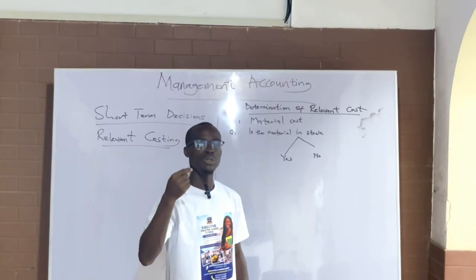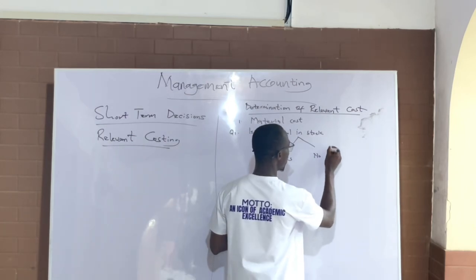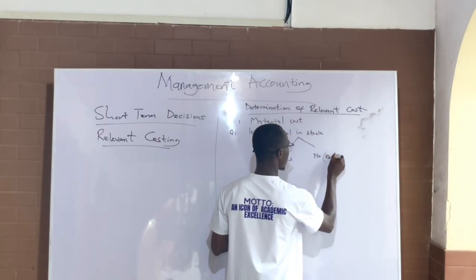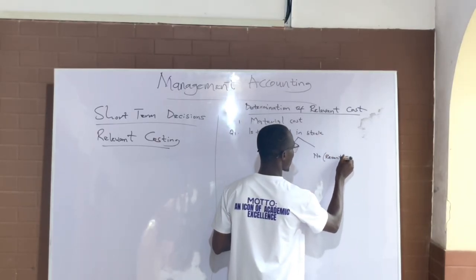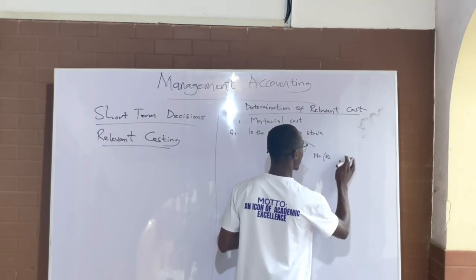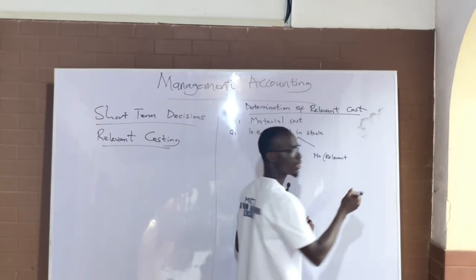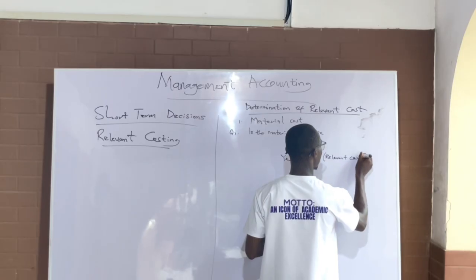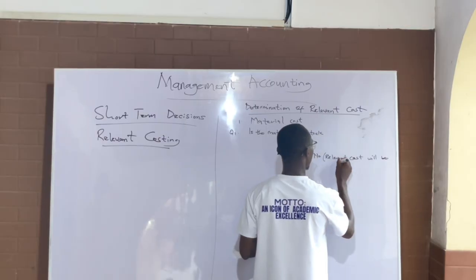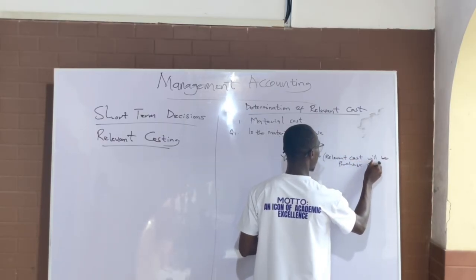So the relevant cost will be the purchase price or the buying price of that material. So when you say no, the relevant cost will be the purchase price.